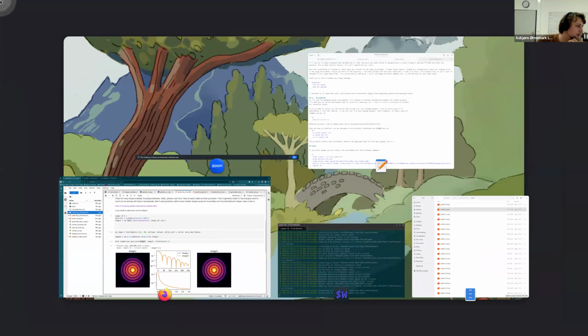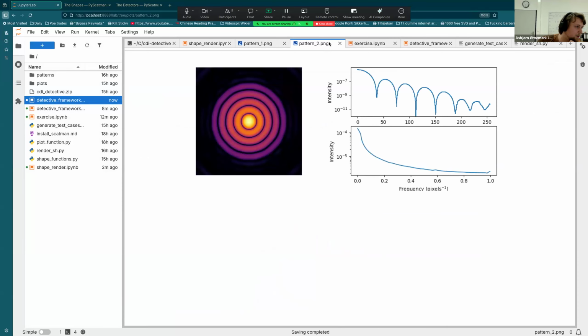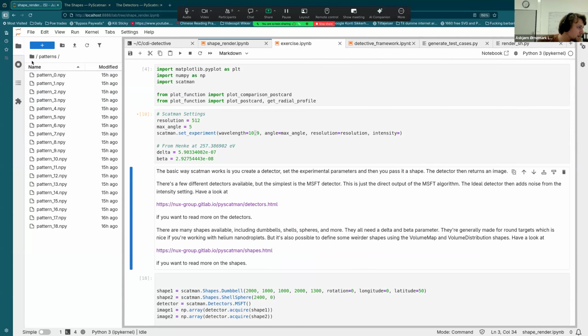I don't know how much didactically there's in going through all of these images, but I can talk a little bit about and give you some hints for the general ones if you want to play around with it. Or does anybody want to try getting this Scatman running on their PC?